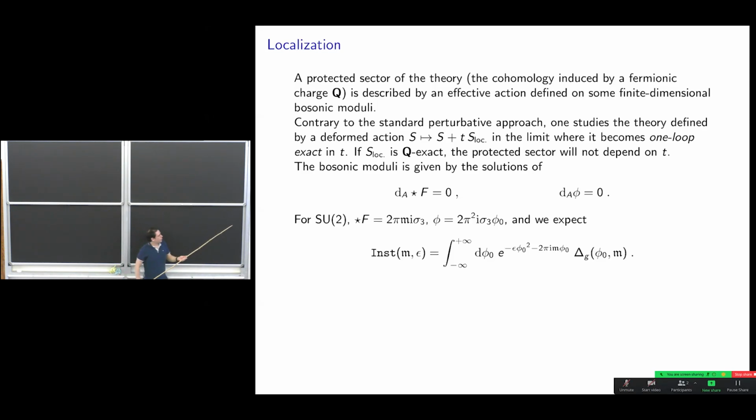So let's go back to the SU2 example. And so these are the solutions of the equations that we're looking at. And phi naught is this constant mode.